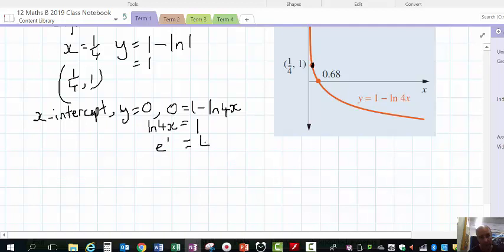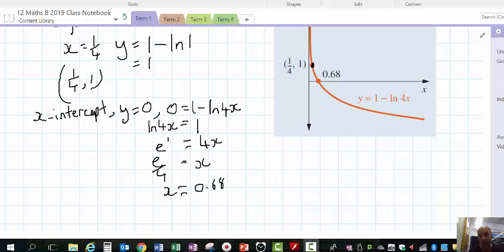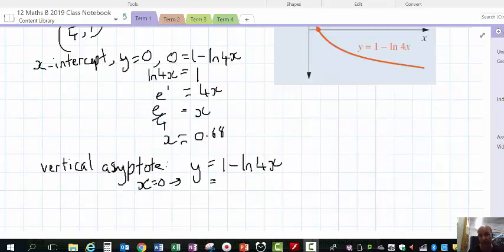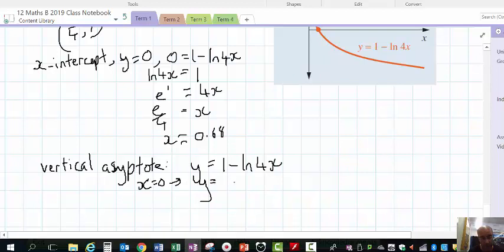Alright, so we've got log 4x equals 1, and so we've got e on 4 equals x. We could just write our answer like that, quarter e, or e on 4, or you could approximate that, approximately 0.68, and we mark all those things on there.